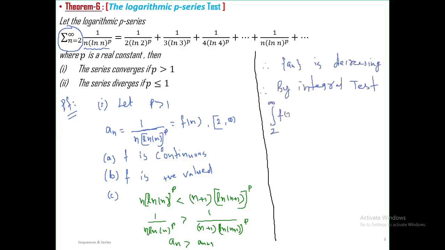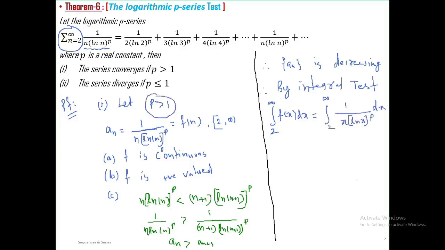By the integral test, because the series is from 2 to infinity, this is the integral from 2 to infinity of 1 over (x ln x) raised to p dx. Our aim is to solve this integral. If the integral converges, then the corresponding series converges for p more than 1.